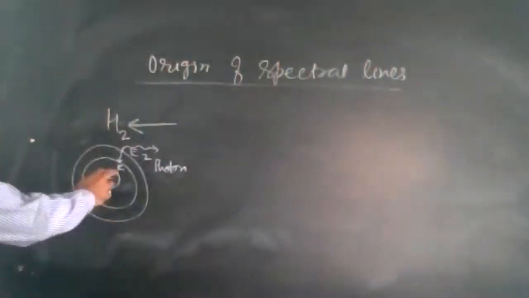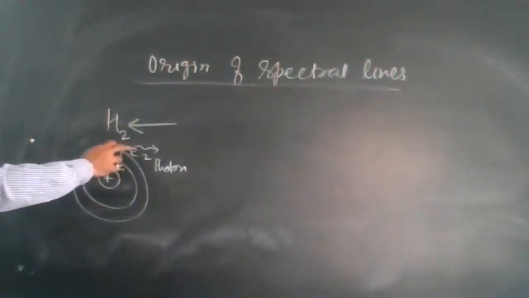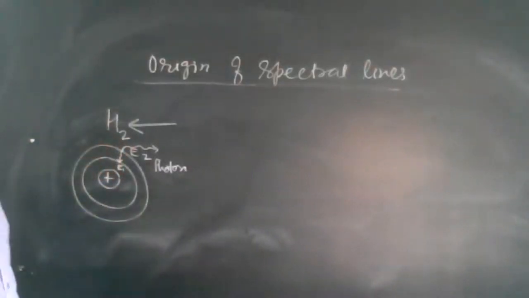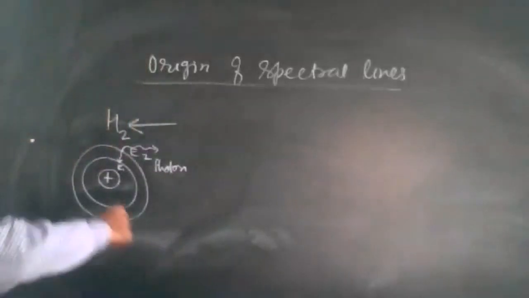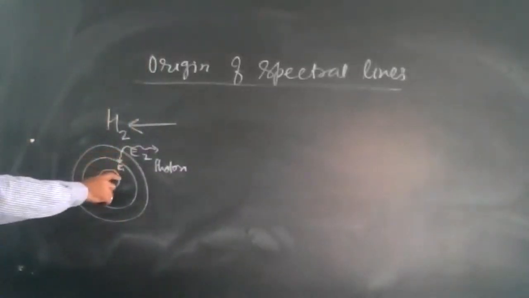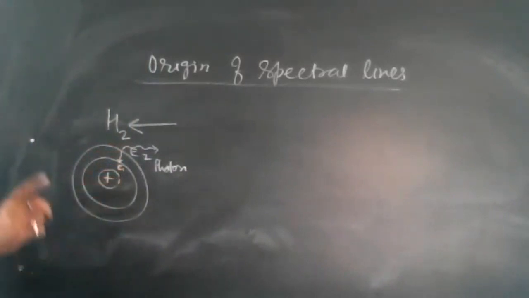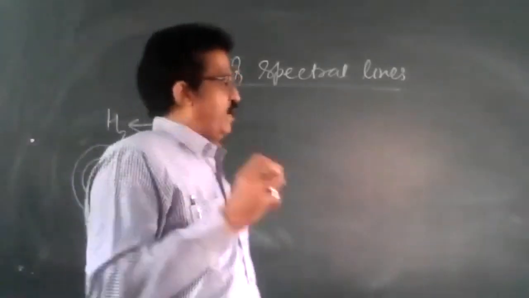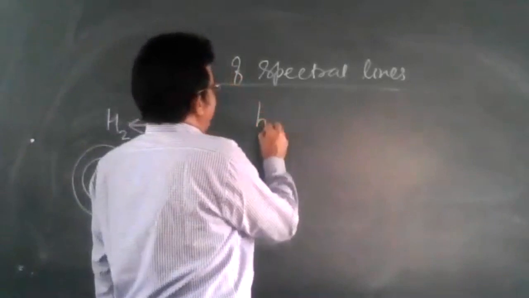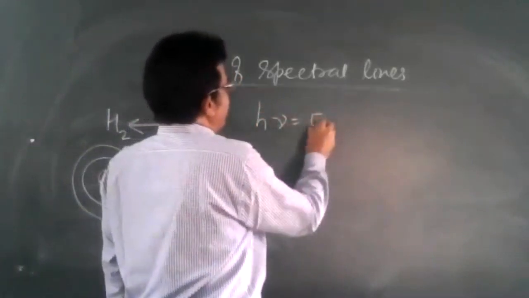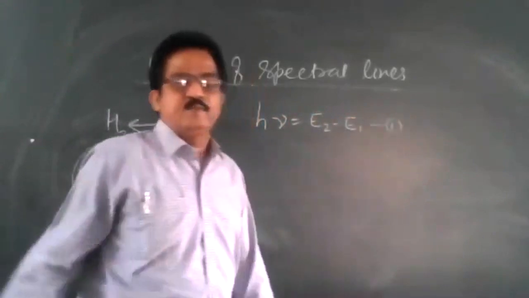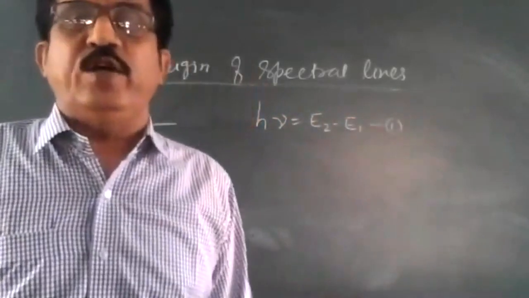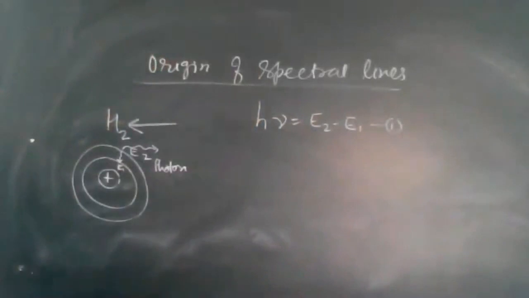So when an electron jumps from the outer orbit to the inner orbit, the energy of radiation emitted, according to the third postulate of Bohr, I can write h nu is equal to E2 minus E1. That is our equation number 1.